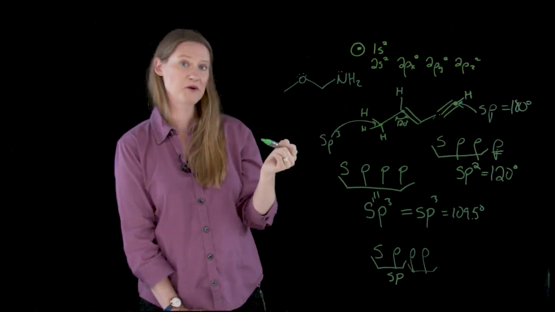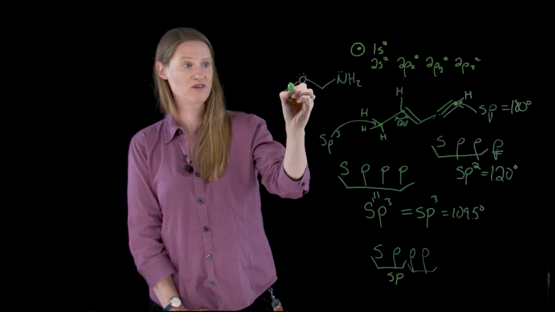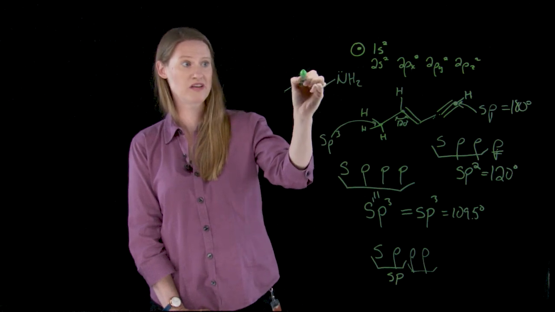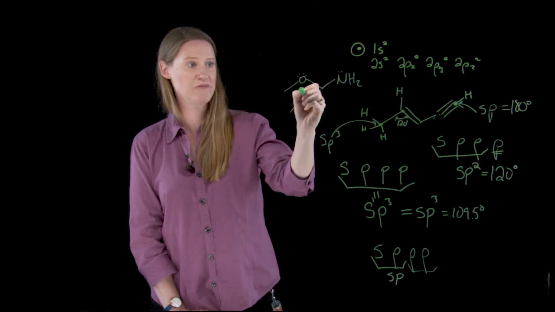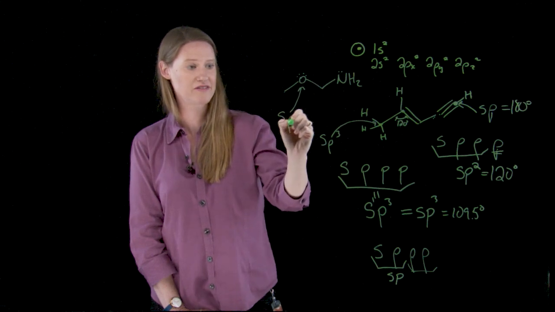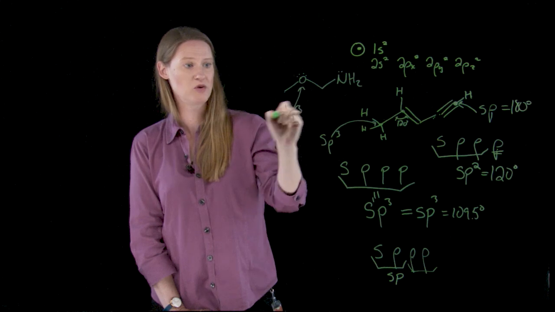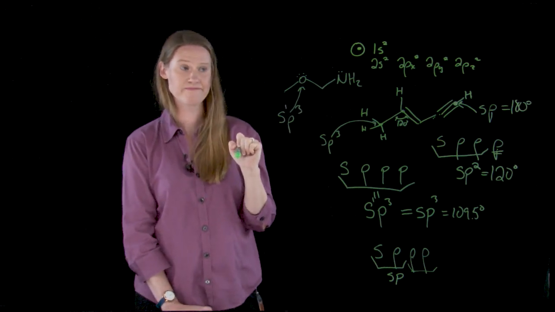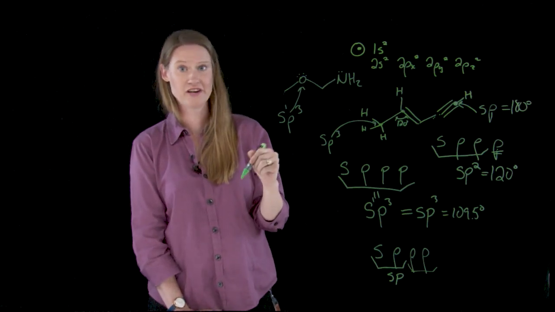Since we're going to count lone pairs as if that was a thing attached, this has 1, 2, 3, 4 things attached, and so it's sp3 hybridized. 1, 2, 3, and the one that we don't usually write. sp3 hybridized means bond angles of 109.5.